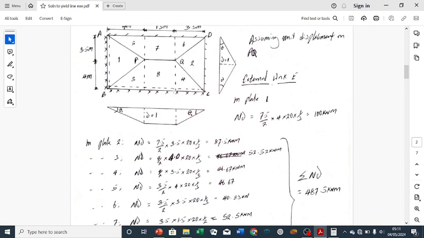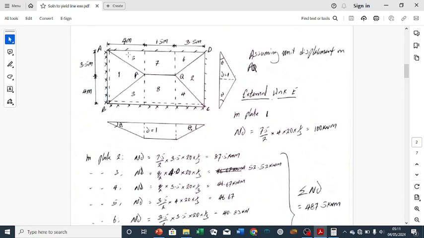For plate 2, which is here, if we do similar thing that we did to plate 1, we had 87.5. For plate 3, which is also a triangle, area is half base times height. What is the base? 4. So you have here 4 over 2. What is the height? 4.